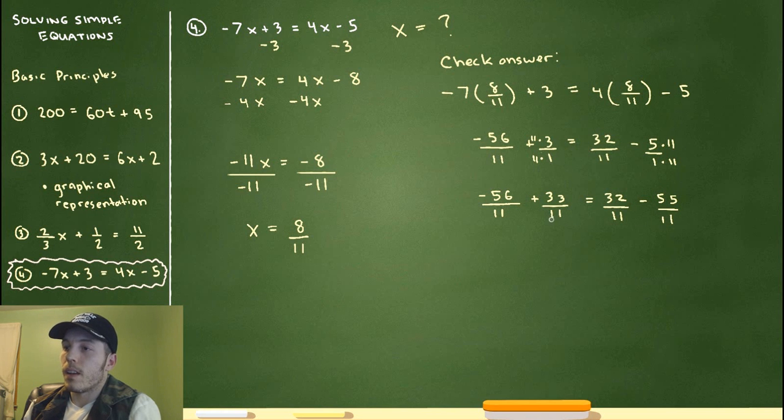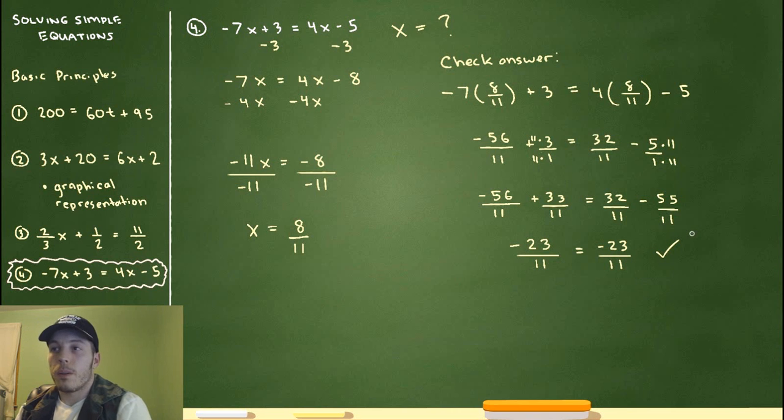So negative 56 and a positive 33, we get negative 23, and this is over 11, and 32 minus 55 will also give us negative 23 over 11.